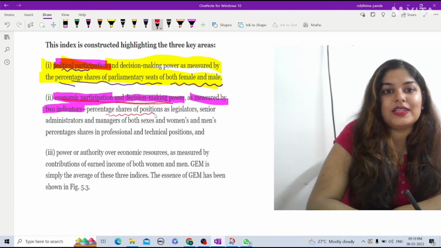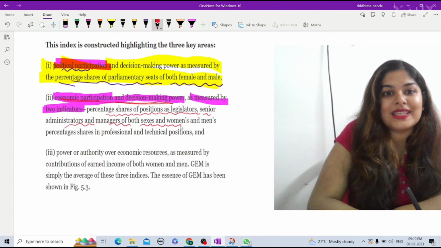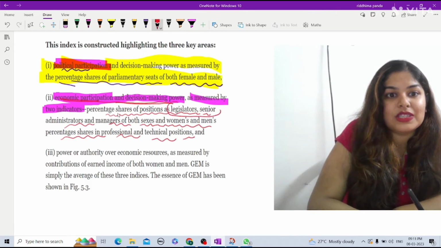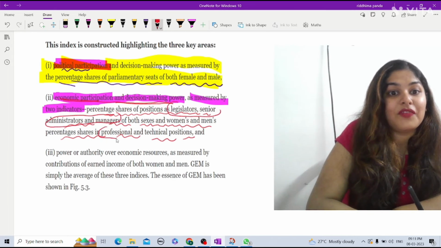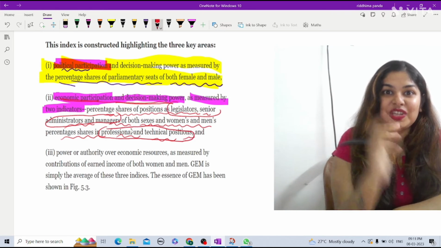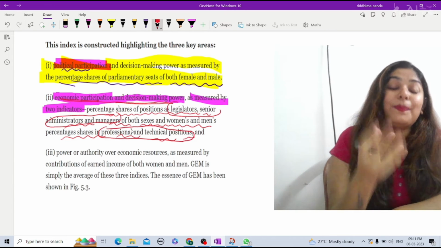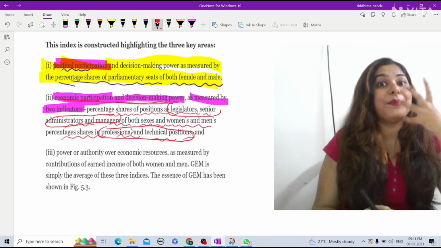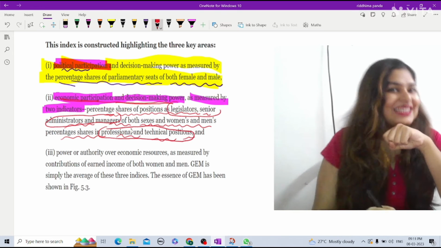First is the percentage share of positions as legislators, senior administrators and managers of both sexes, and women's and men's percentage share in professional and technical positions. These are the two types of positions they have distinguished, in which they measure the percentage share of male and female, and analyze the empowerment of women actually taking place in the society.